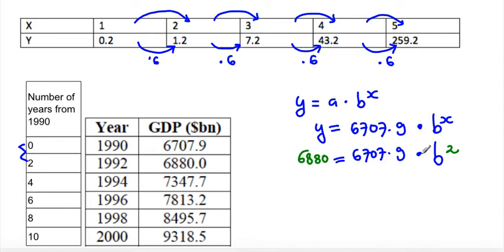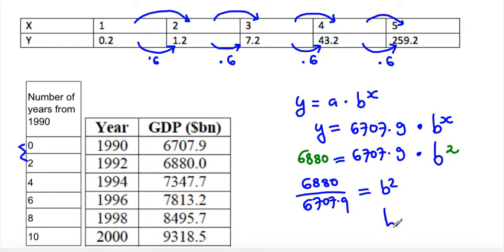First, removing this times 6,000 something, we divide both sides by that number. In the end you will have 6,880 divided by 6707.9 equal to b squared, and because we need only b, we square root both sides.